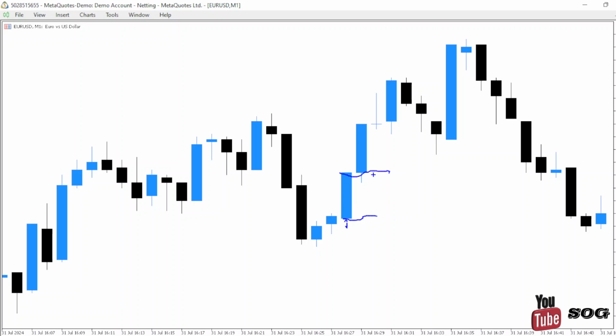It opened here and closed here. The range between this and this is the body of the candle. The body of the candle, right? Then this zone is the wick of the candle. So basically, this is what the candlestick chart shows you.